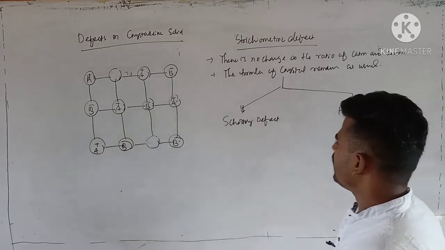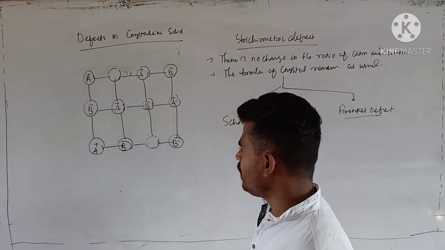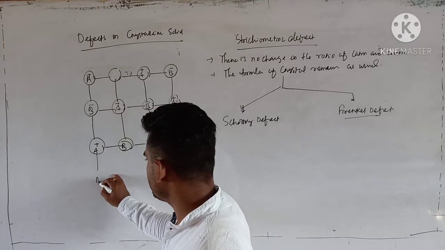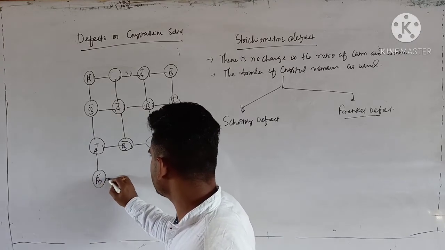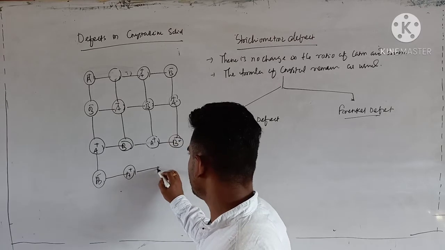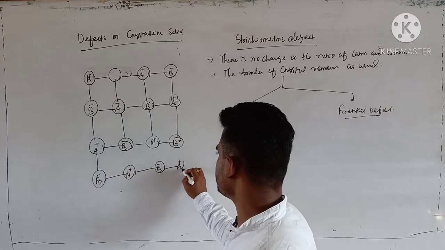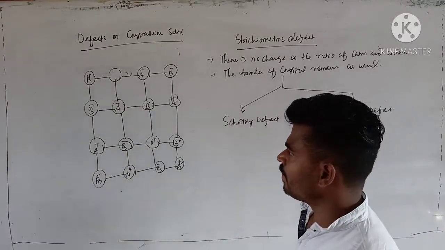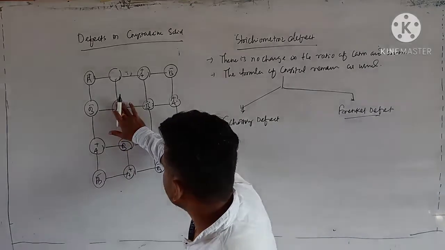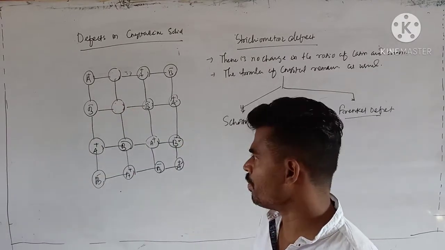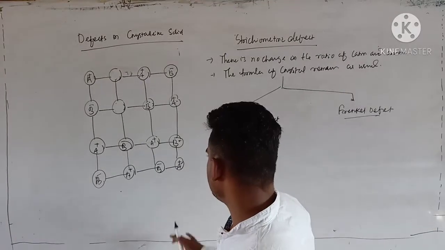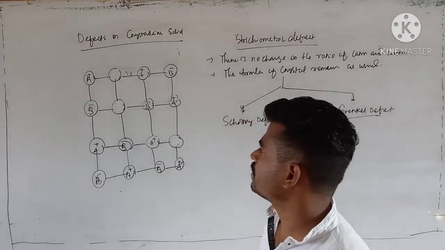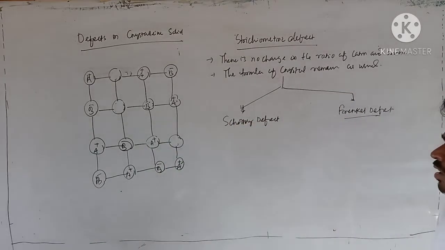So you see, first, in case of Schottky defect, if this one is A plus, this one is B minus, again I can do like this: B minus, A plus, B minus, A plus. If in Schottky defect there is a loss of cation, let's say A plus, by any means, and simultaneously there is also a loss of B minus, this type of defect is called Schottky defect.